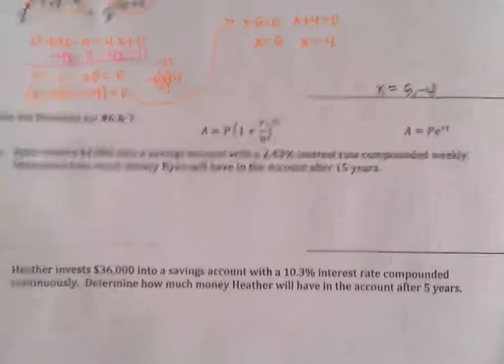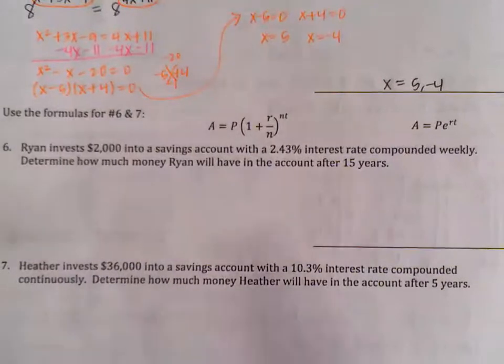Okay, so 6 and 7, I will give you the formulas. The formulas will be there on your test, so you don't have to worry about memorizing them. You just have to know which one to use and when. So for 6, it says Ryan invests $2,000 into a savings account with a 2.43% interest rate compounded weekly.